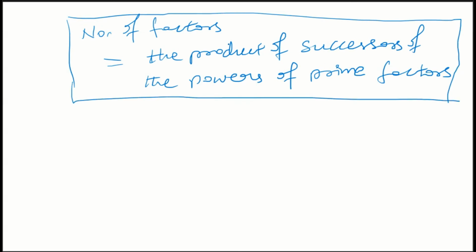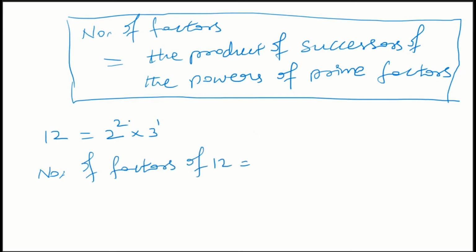If you want to find the number of factors of any number, for example in the case of 12, where 2 squared into 3 power 1, you need to take the product of successors of powers of prime factors.